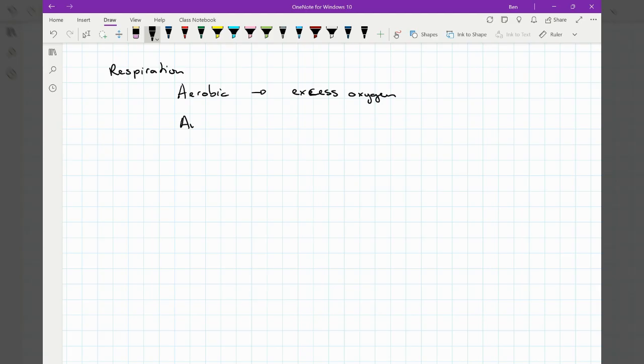And we have anaerobic respiration, which is in the lack of or absence of oxygen. The aerobic is more efficient, and anaerobic is less efficient.